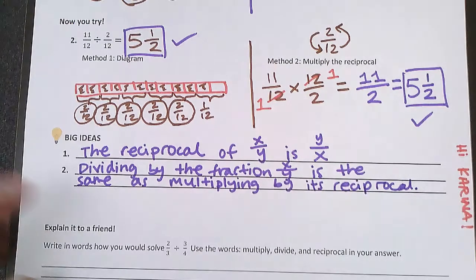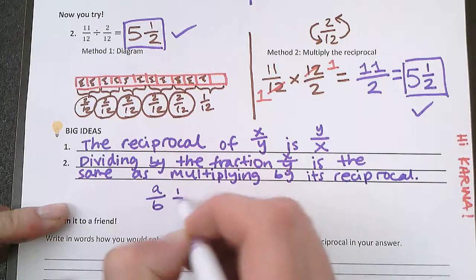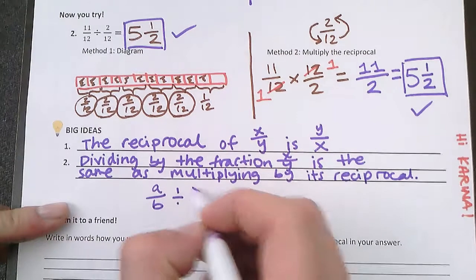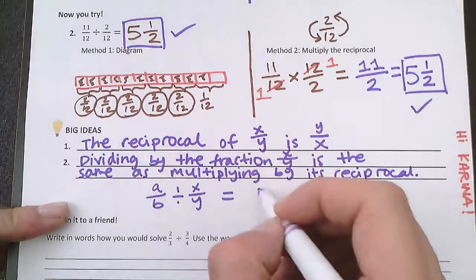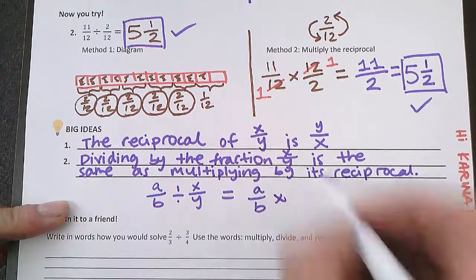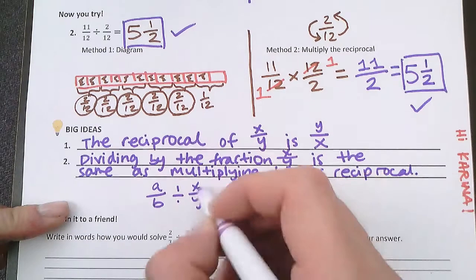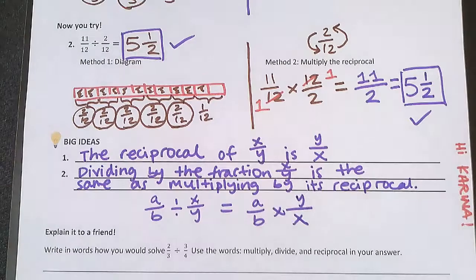So what I mean by that is, let's say I have a fraction that's a over b, and I'm dividing that by x over y. That is the same thing as having the fraction a over b and multiplying that fraction by the reciprocal of x over y, which is switching it, y over x.